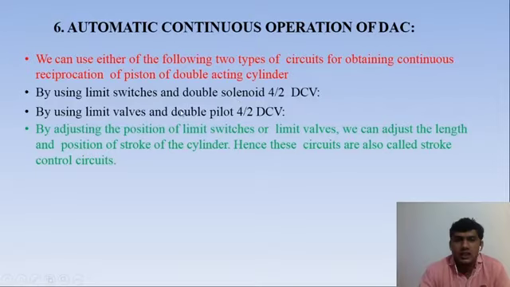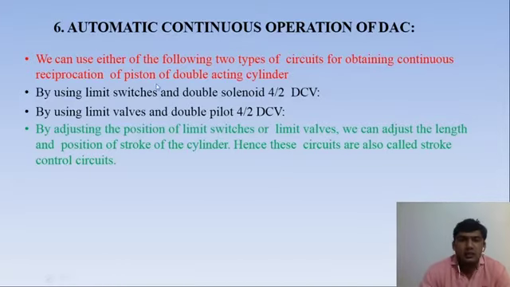While in a limiting valve, we use the pilot operated valve. A pilot operated valve is one type of mechanical valve. Whenever we want to shift the spool, at that time we can supply pressurized fluid and shift the spool position.